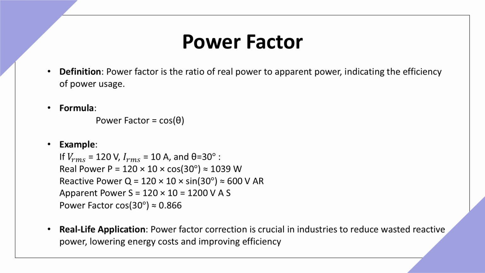Reactive power, Q, is equal to 120 times 10 times sine 30 degrees, which is almost equal to 600 VAR. Apparent power, S, is equal to 120 times 10 equals 1,200 VA. A high power factor reduces energy loss and improves efficiency, which is why industries prioritize power factor correction.